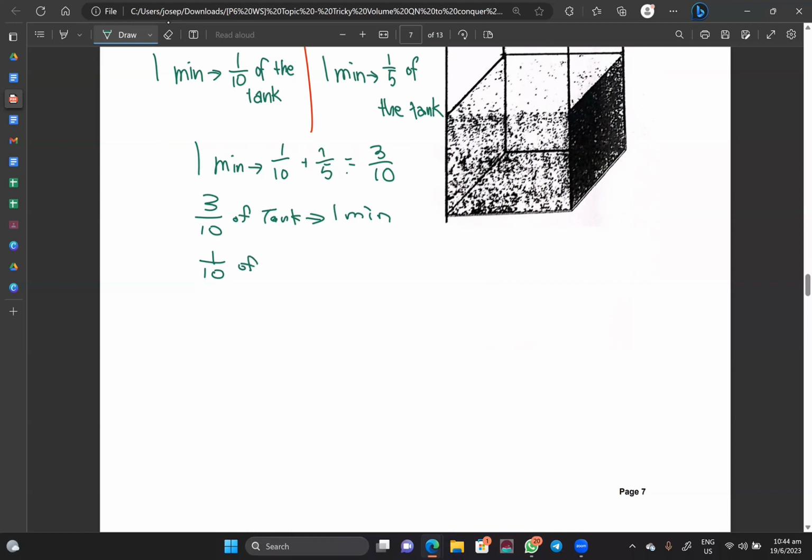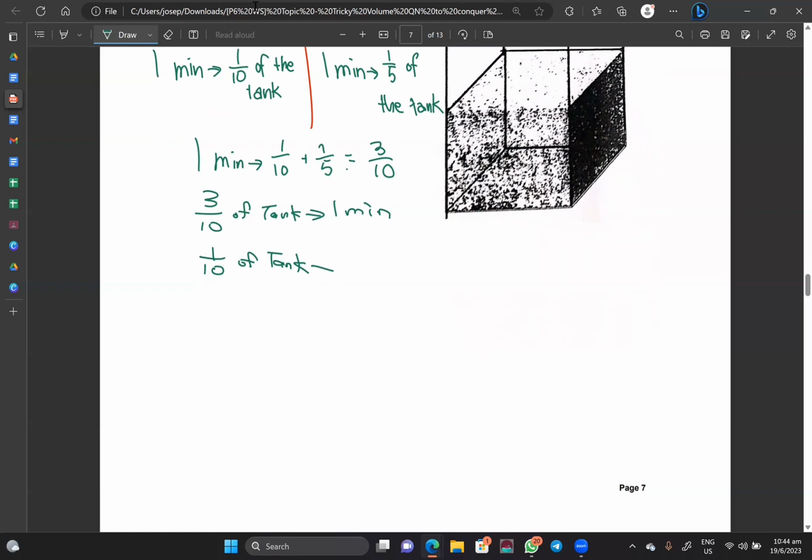So 1/10 of the tank will then be, how do I get from 3 to 1? I divide by 3. Does that make sense? So I divide by 3 over here, and then I will also divide by 3 over here. I will get to 1/3 minutes.